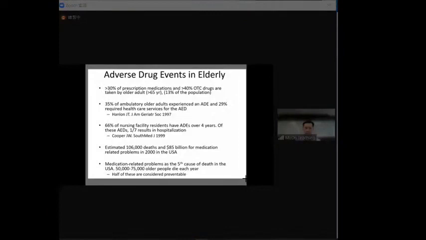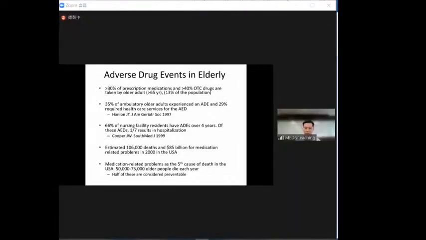In fact, they are the major drug users in the population. About 1/3 and 2/3 of community dwelling older adults and nursing home residents respectively experienced a drug adverse reaction in the past, and some of them required hospitalization.